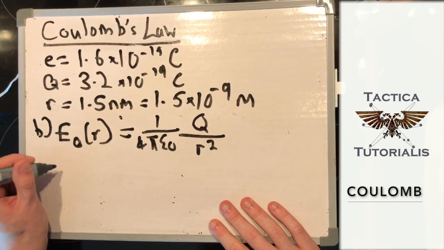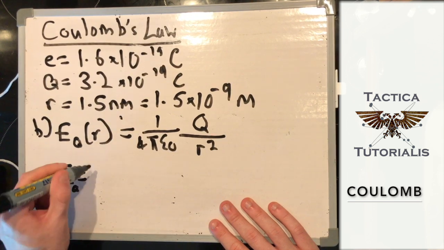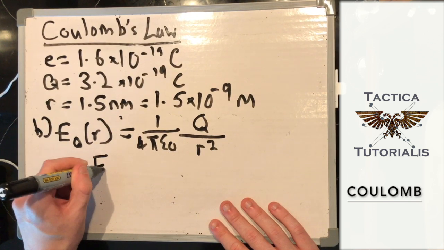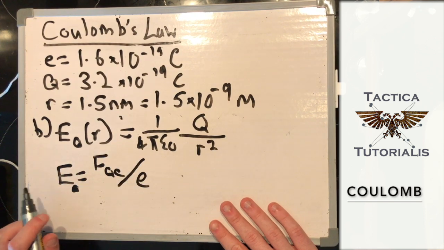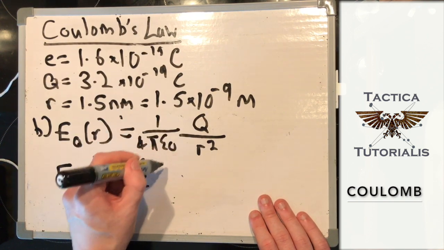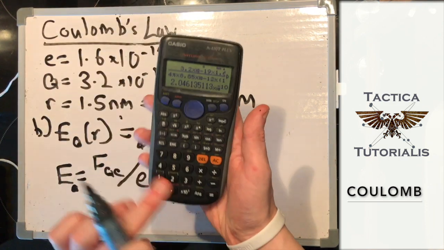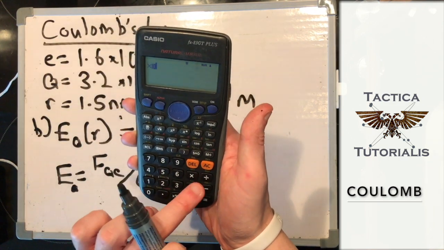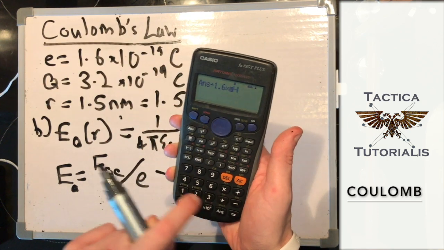So the other way you could do it is to say that E at Q is equal to the force between E and Q all over the charge E, because E is the 1.6 times 10 to the minus 19, and both of these answers should give you the same thing. I'm going to stick this in my calculator now. I'm just going to do the answer divided by 1.6 times 10 to the minus 19.